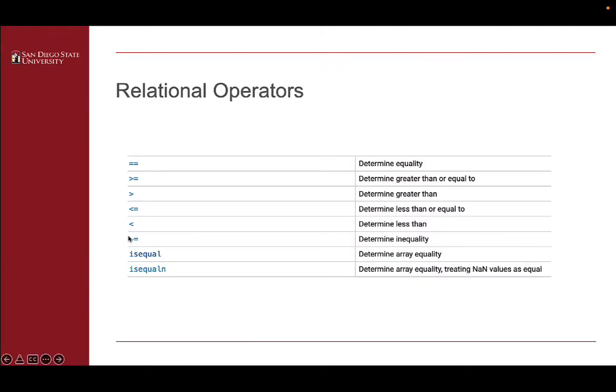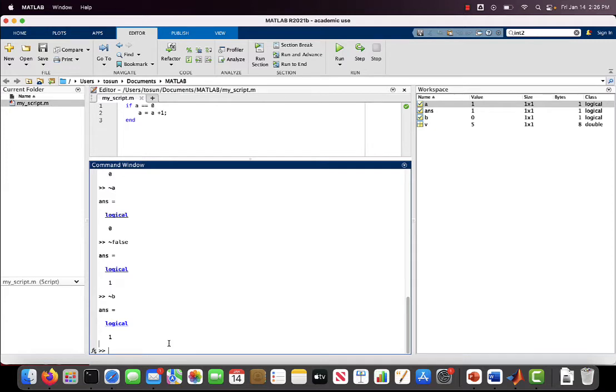Let's try the other operators, which is greater than or equal. We had V as 5, as you remember, and let's check. V greater than 3 will return true. But if I use V greater than 8, it will return 0.